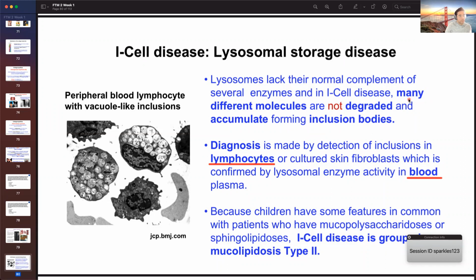And what is the specific disorder in I-cell? What specific thing can't be added to the lysosomal enzymes? There you go, mannose-6-phosphate. That's what I was looking for. Good job, guys. It cannot be degraded. Where is mannose-6-phosphate added?